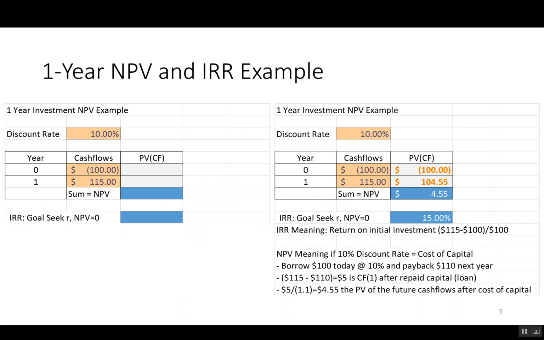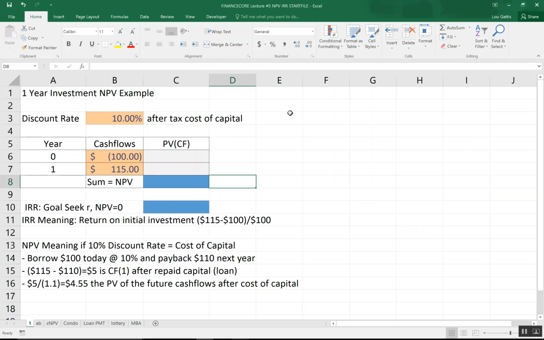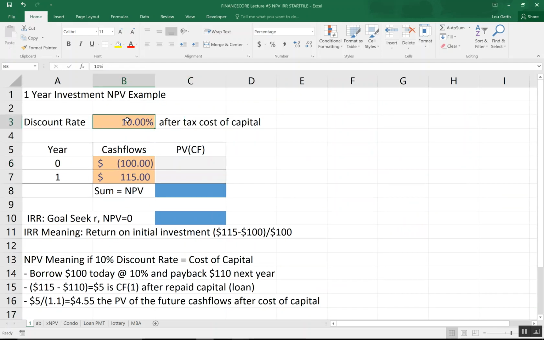So we're going to go to the start file. And we have a little example here. We have a NPV discount rate of 10%. This project is going to cost $100 today and return $115 in 1 year. So let's calculate the NPV. I'll just take the present value of all cash flows.